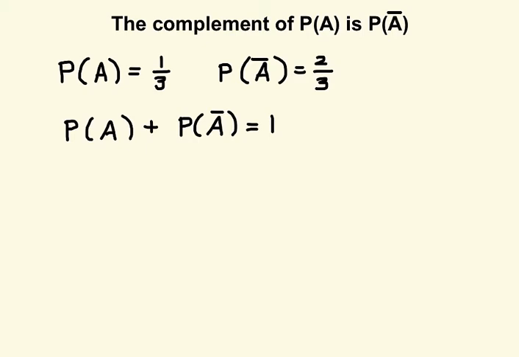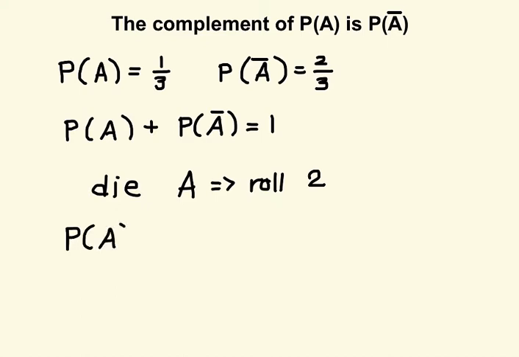That is to say, if we have a die and the event A means that we are going to roll the die once and get a 2. Well, the probability of A here is that if we roll the die once and get a 2, that will happen.